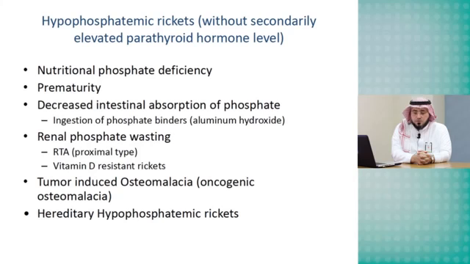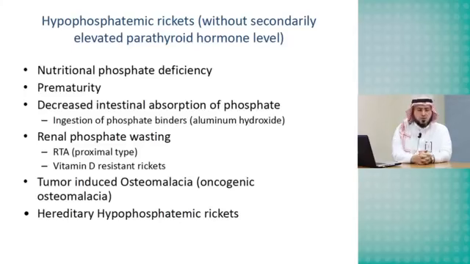Also, renal tubular acidosis, proximal type, is one of the important causes. Vitamin D resistant rickets, which is an autosomal dominant or sex-linked dominant disorder affecting renal tubular absorption of phosphate, is another rare cause, but it is one of the causes.